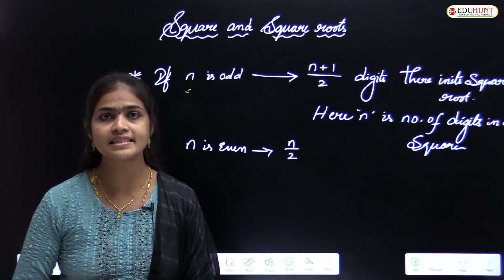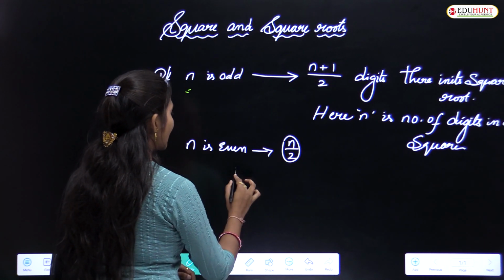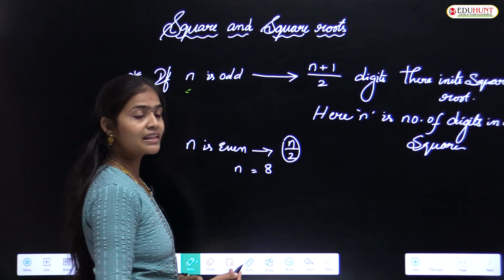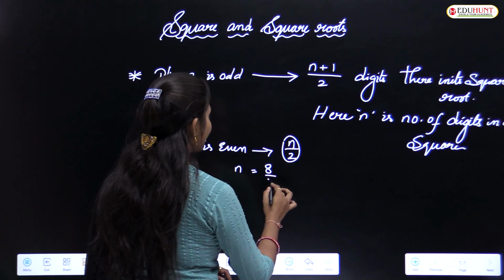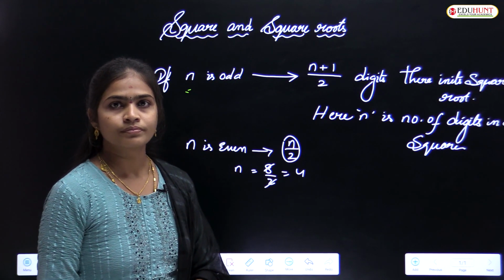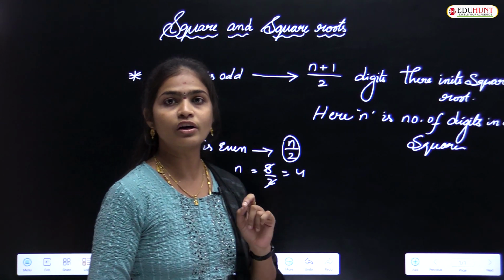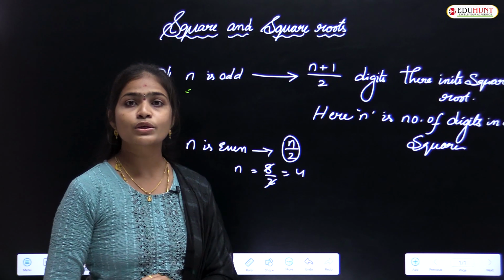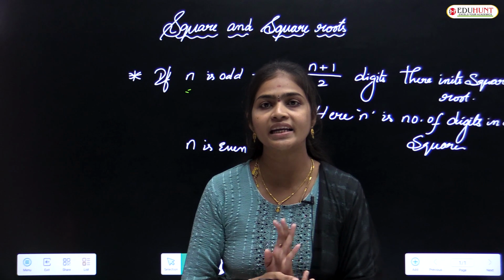Here n is 8 digits, so n by 2 is 8 by 2, which equals 4. Or in the reverse case, if the square root of a number contains 4 digits, then how many digits does its square have?